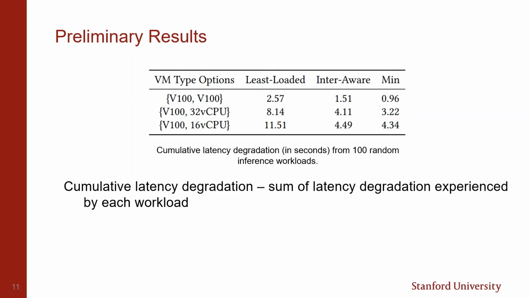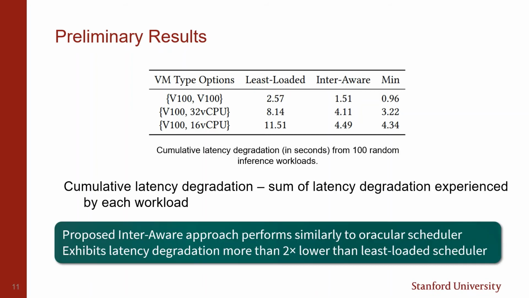The oracular scheduler can perfectly predict the latency degradation due to collocation and exhibits the minimum possible cumulative latency degradation for the workload. The takeaway of this table is that the proposed interference-aware approach performs similarly to the oracular scheduler. Further, the proposed approach exhibits latency degradation more than 2 times lower than the least loaded scheduler.